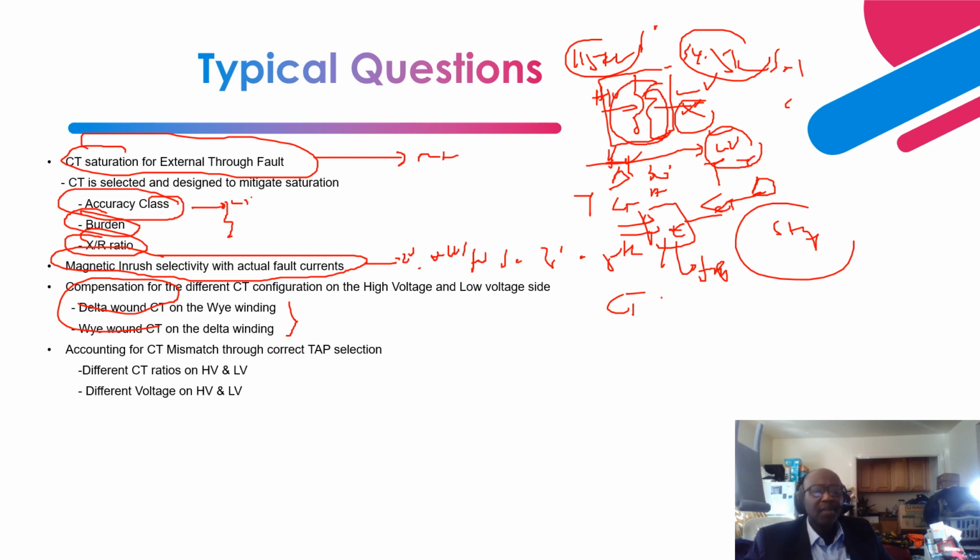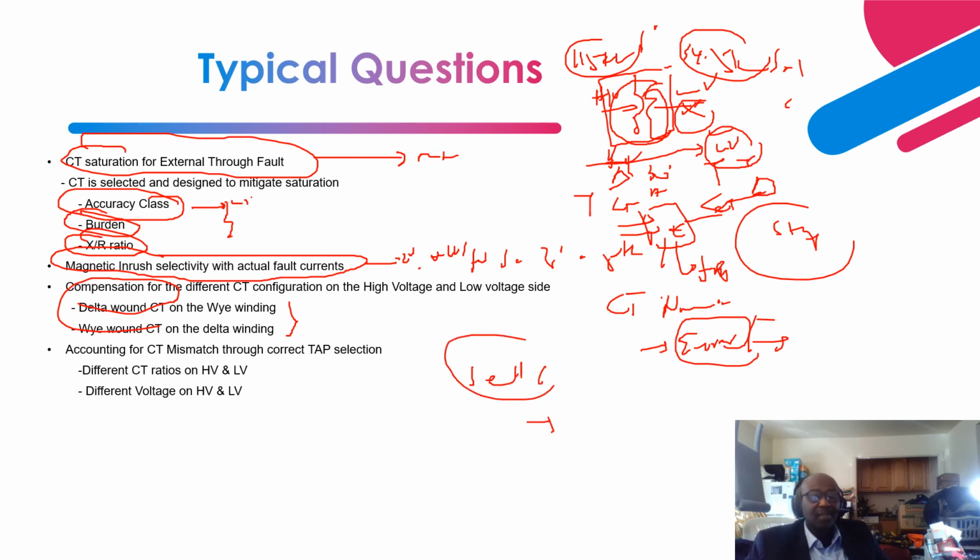That itself introduces a difference in current that can cause circulating current, so it needs to be accounted for by normalizing, to reduce that error. When the reduction is done, the remaining error is accounted for in the setting of the differential relay. So if it is, let's say, 3 to 5%, that is accounted for in the minimum pickup operating point of the differential relay. That's how you mitigate that challenge.